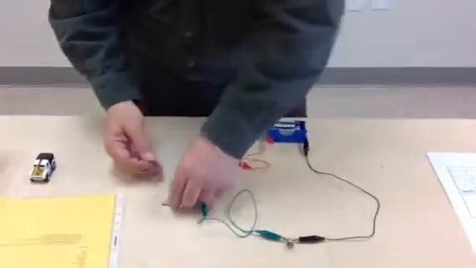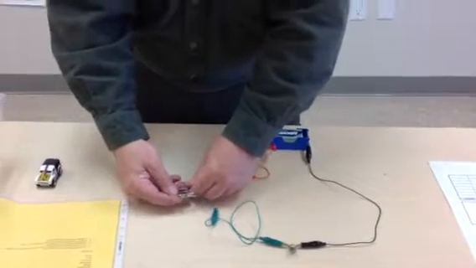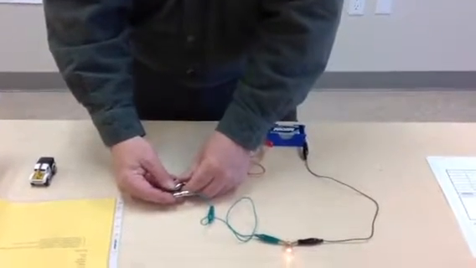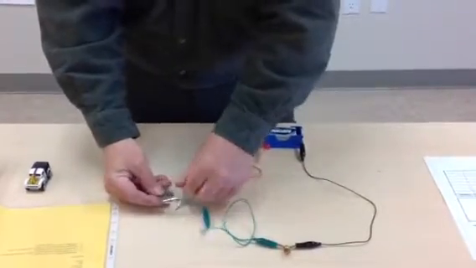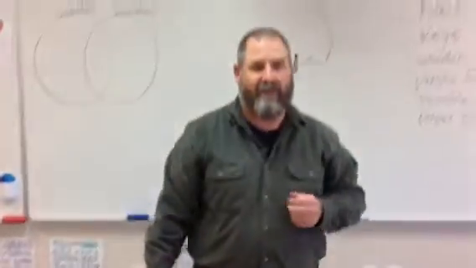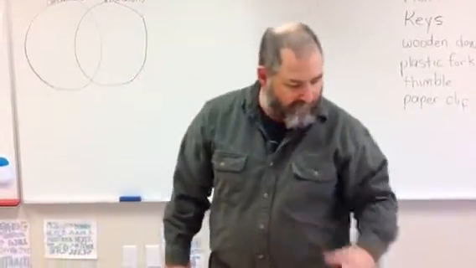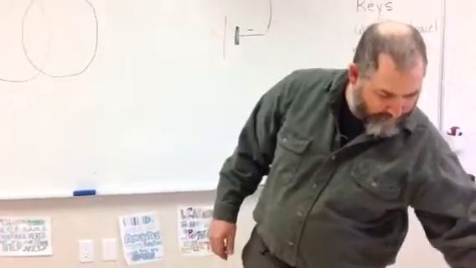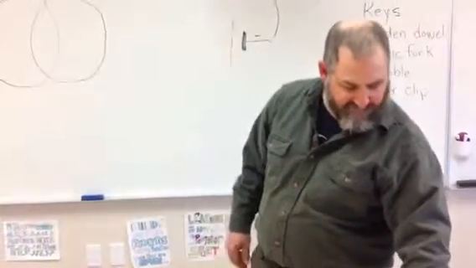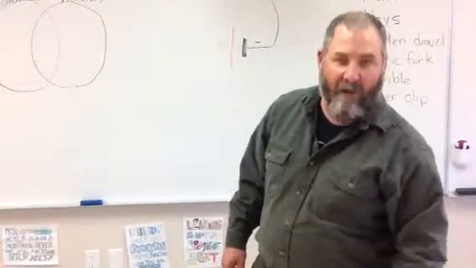Alright, and then paper clip. Bulb lights. Okay, so now out of these six items, you should be able to tell me which ones are conductors and which ones are insulators. Now on the second page, there's a prediction area for conductors and insulators, and then there's an observation.